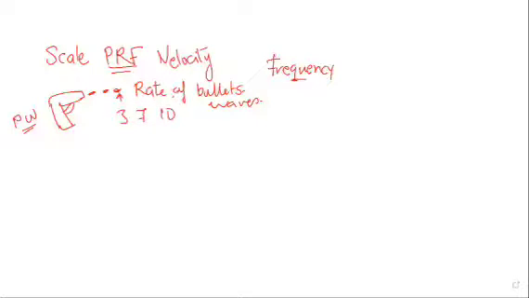So this is your frequency. So the rate of the bullets is the pulse repetition frequency, also known as the scale, the velocity by which this gun fires, and the frequency is the force, let's say, of penetration of each of these bullets.